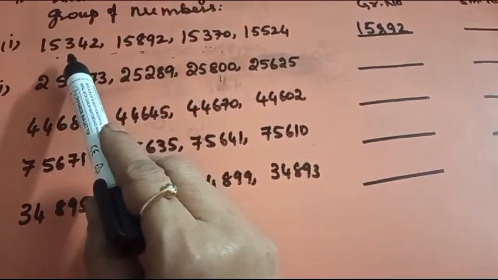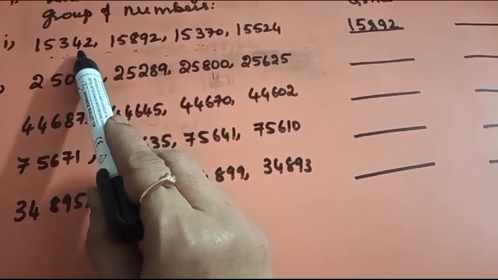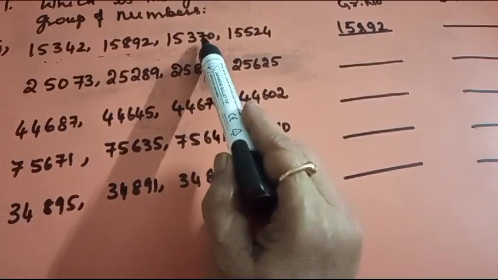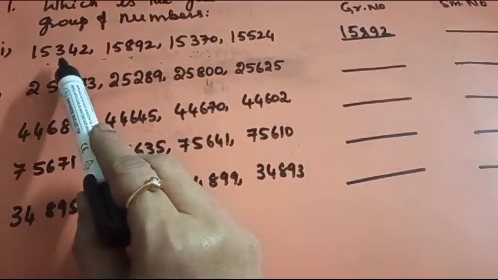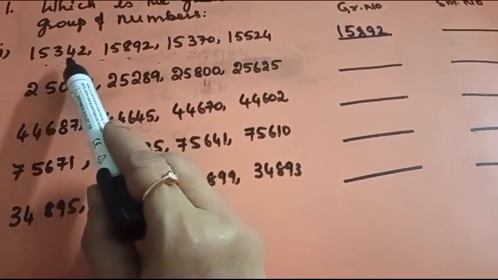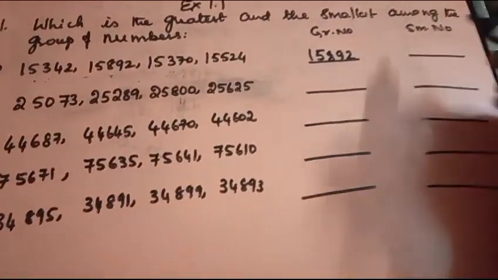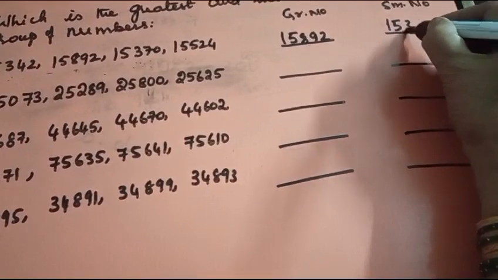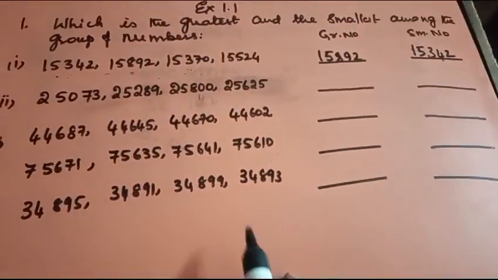So we have to go to the next value, the tens place. Here the tens place value is 4, here it is 7. Out of these two, the smallest one is 15,342. So 15,342 is the smallest number in this.